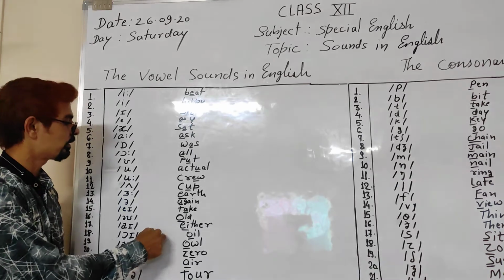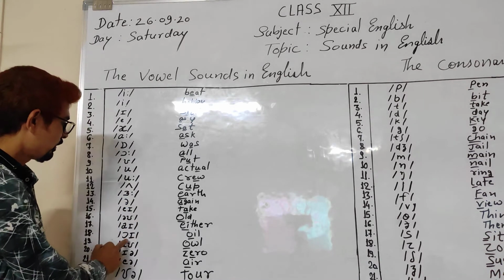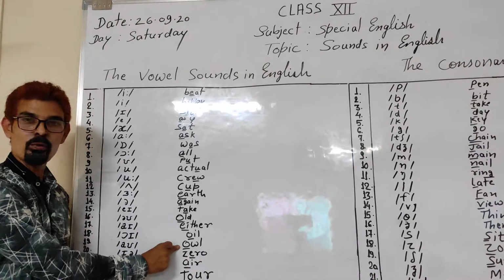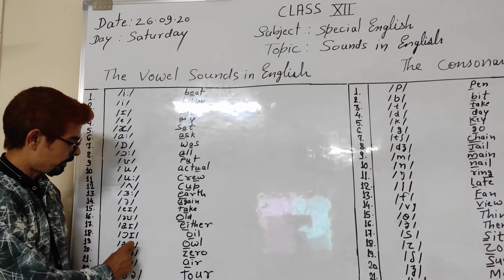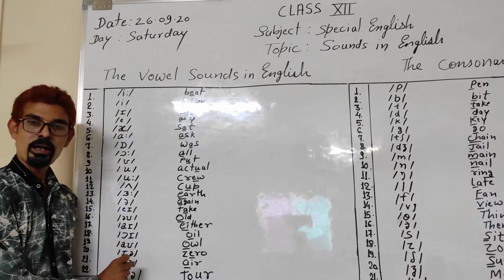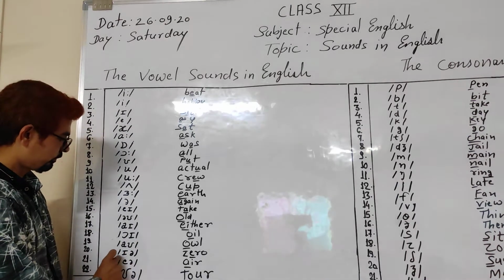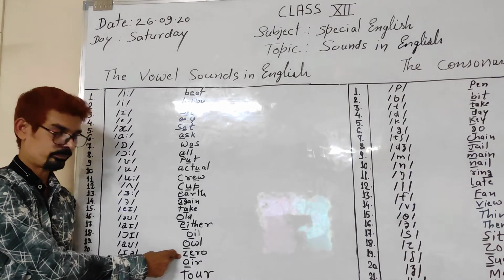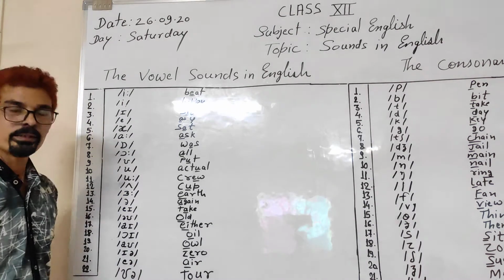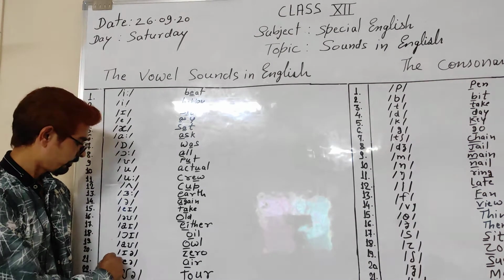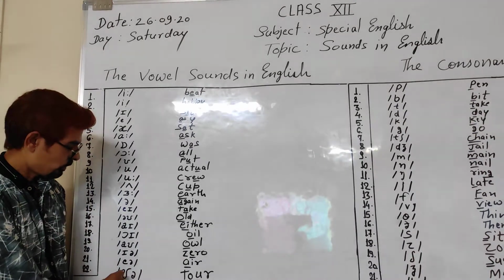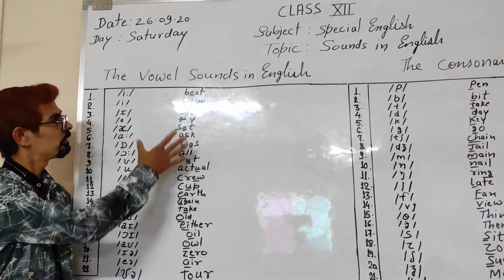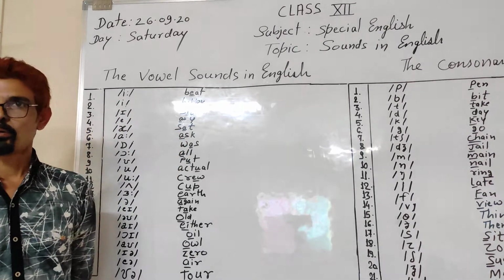This is the sound of either. Oil. And for ow there are the symbols a and u, owl. Ear, zero. Air. Tooth. Okay, these were vowel sounds.